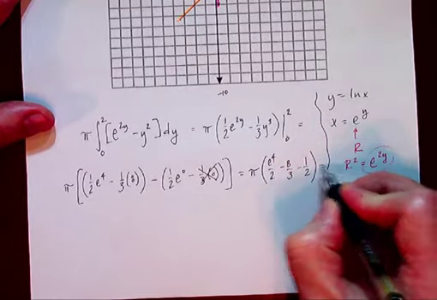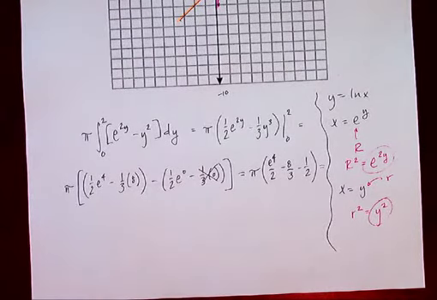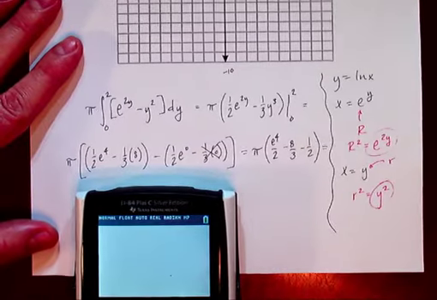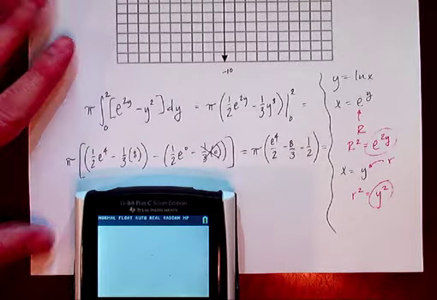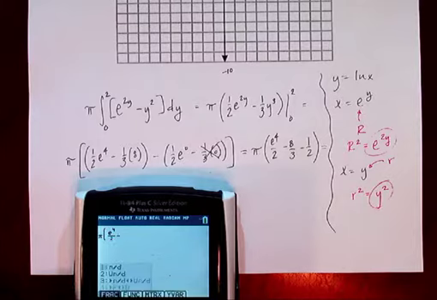And I can get a decimal approximation for that relatively easily. Let's go ahead and do that. Let's make sure you include all of it, otherwise you're going to forget the pi when you're all done. I know that it's e to the 4th over 2 minus 8 over 3.